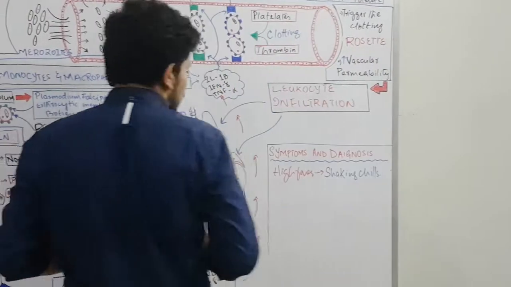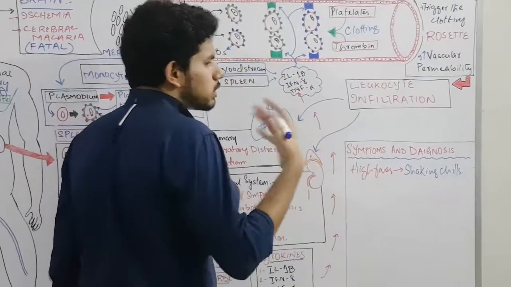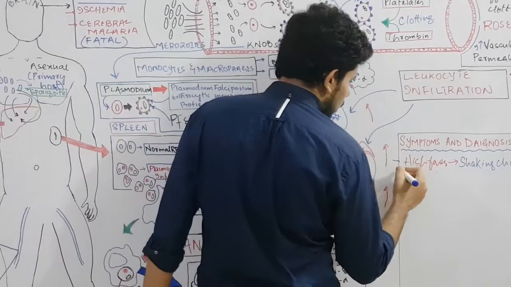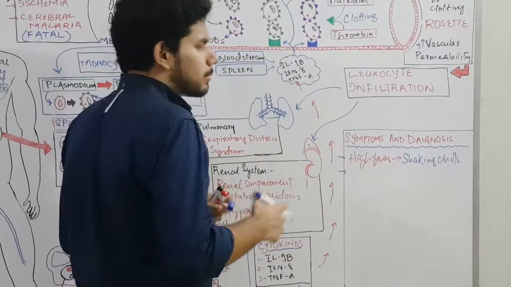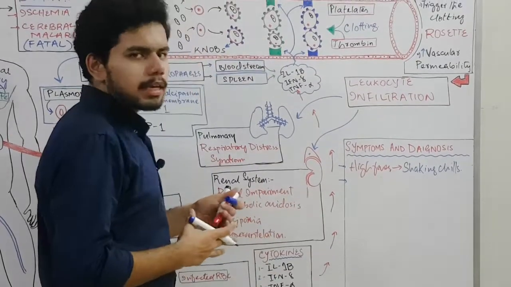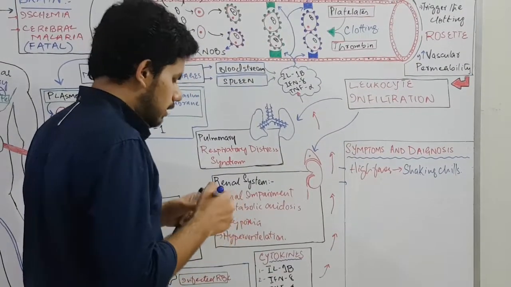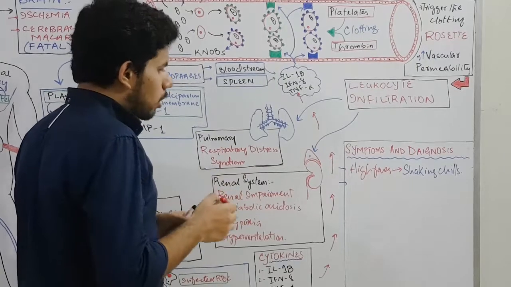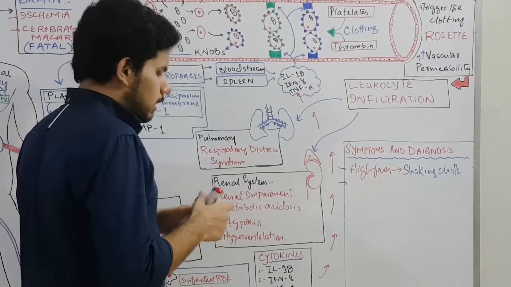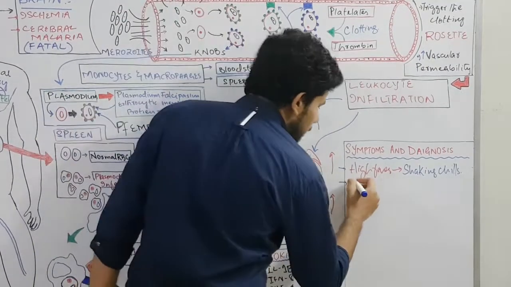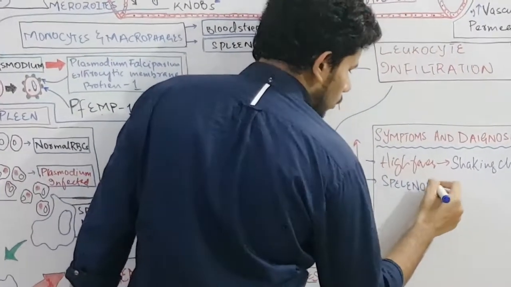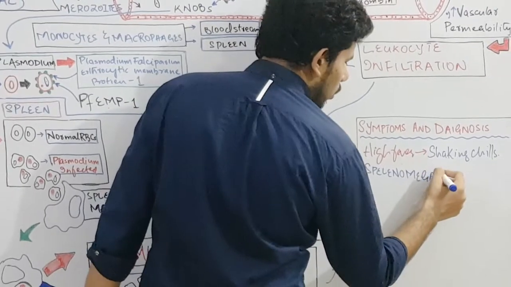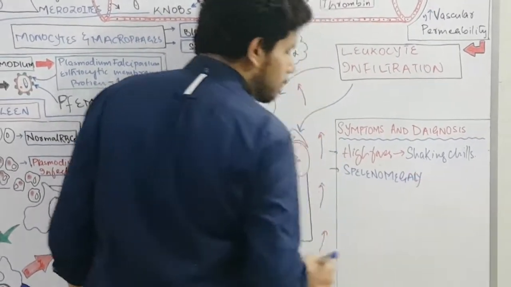Besides this high fever and shaking chills, there are many more symptoms in malaria, in which diarrhea is present, nausea, vomiting, disturbance in GI tract, and pulmonary disturbance. But the major symptom is sometimes splenomegaly, or you can say the enlargement of spleen.